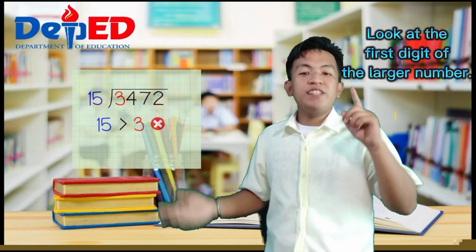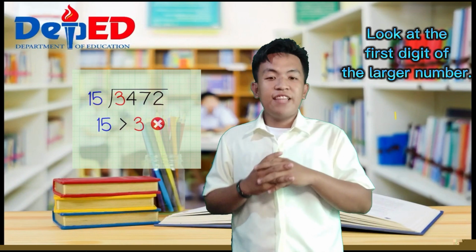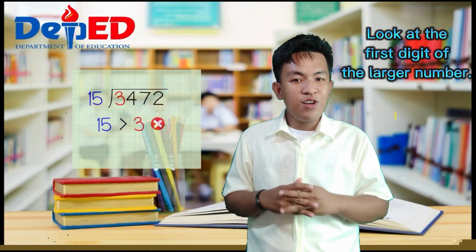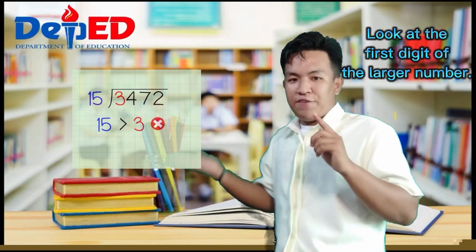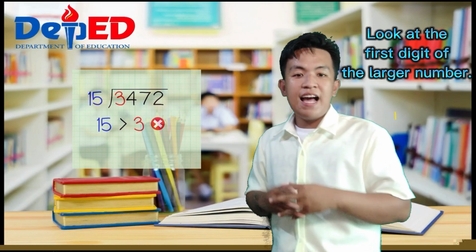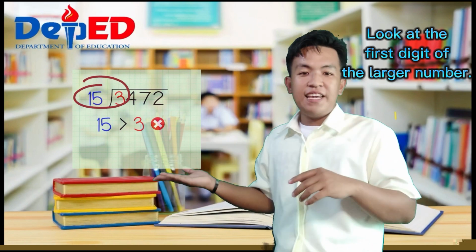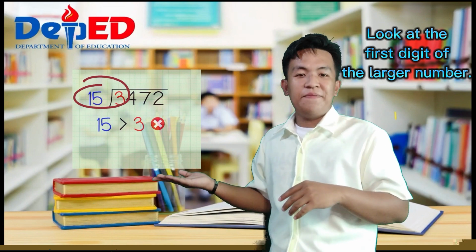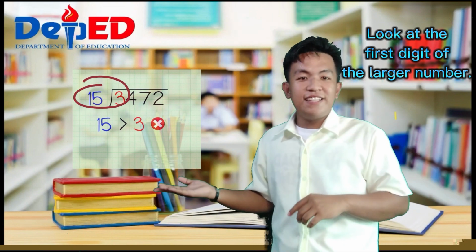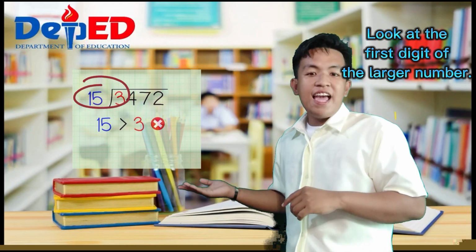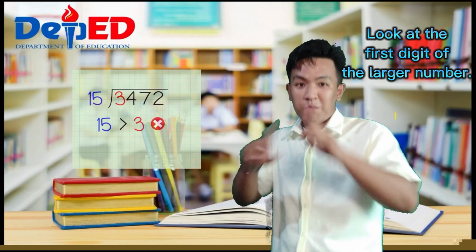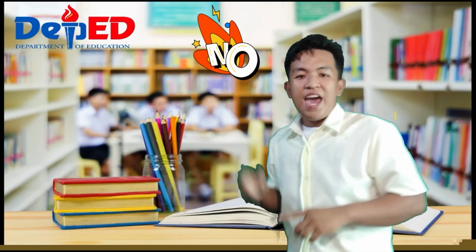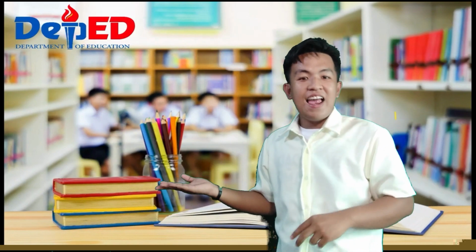Let's say you're solving 3,472 divided by 15. Does 15 fit into 3? Since 15 is definitely larger than 3, the answer is no. And we move on to the next step.